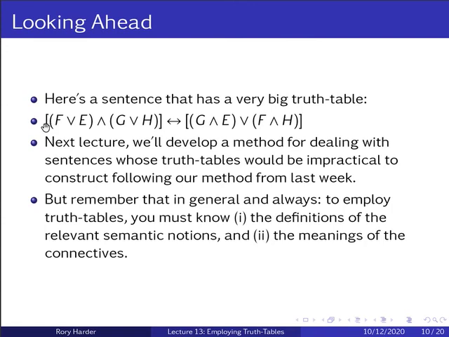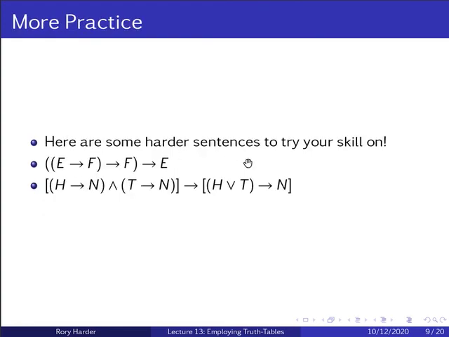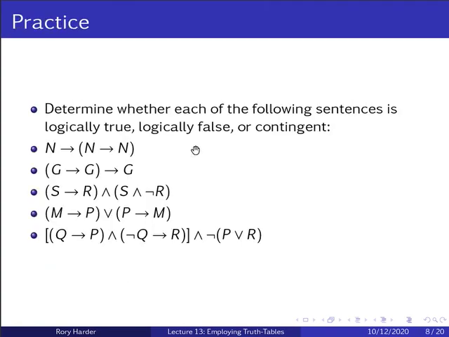So I'm not going to ask you to construct complete truth tables for more than 8 rows, so for more than 3 atomic sentences. But we'll still have questions involving sentences with more than 3 atomic sentences. So next lecture, we'll develop a method for dealing with sentences whose truth tables would be impractical to construct, following the method we've just been talking about, where you construct the complete truth table.